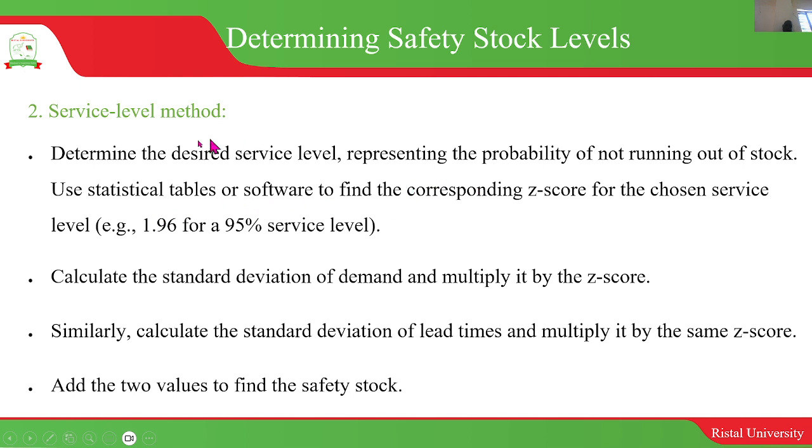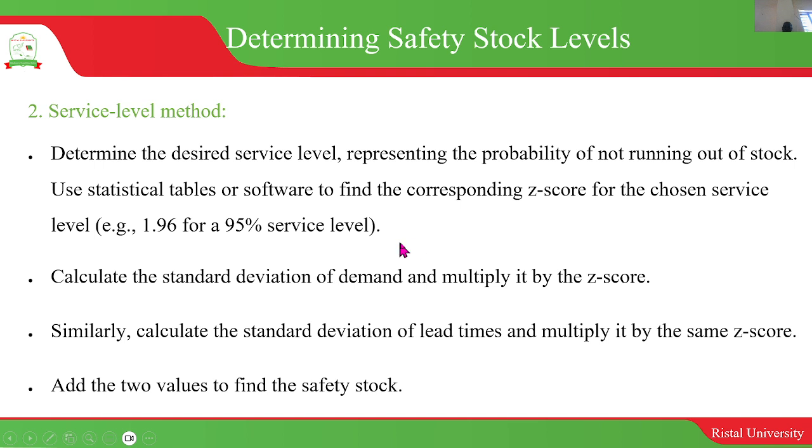That is method number one. Number two, we can use the service level method. We determine the desired service level representing the probability of not running out of stock. We use statistical tables or software to find the corresponding Z-score for the service level. For example, 1.96 corresponds to the 95% service level. So once again, this is a statistical estimation that we got from the normal distribution curve.